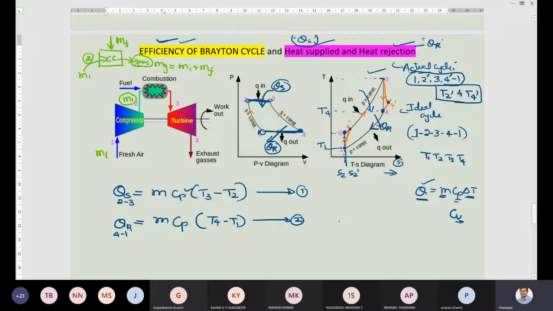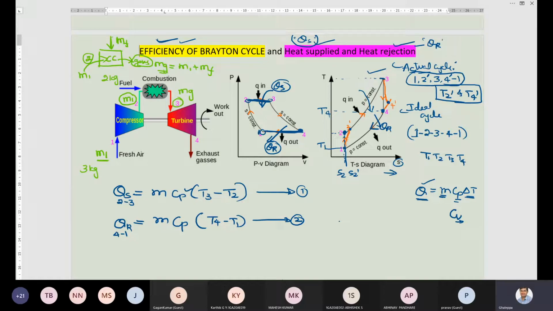So here, try to understand: in the given numerical, he will give the mass of air, maybe 3 kg, and the mass of fuel, maybe 2 kg, like that. He may not give the mass of gases during the 2 to 3 process, that is, at point 3. The mass of gas is at point 3, not at point 2.